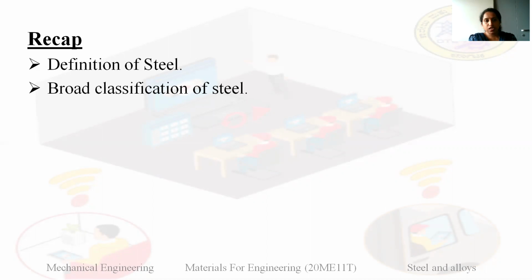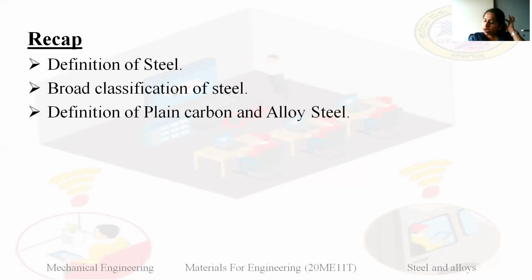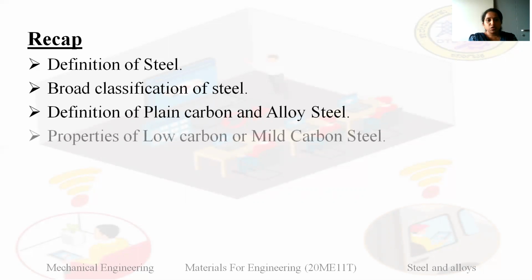In alloy steel, iron with carbon plus other elements like chromium, aluminium, nickel, cobalt, etc. are added in order to make it a better metal, that is, to improve the properties of the steel. So that is the definition of plain carbon and alloy steel, as I have already told you.